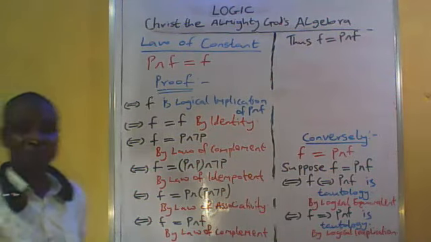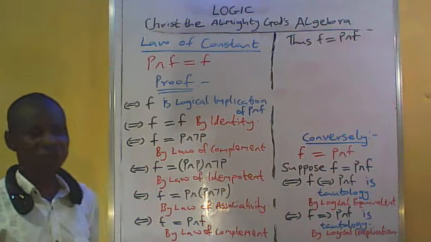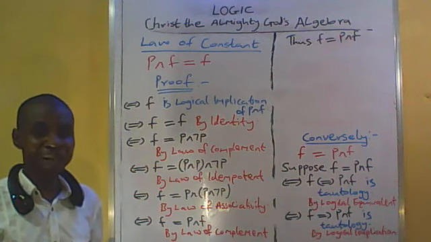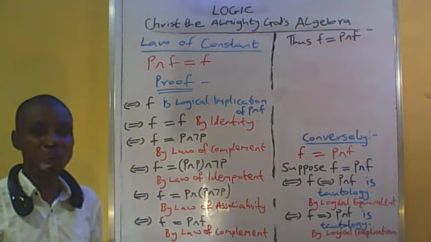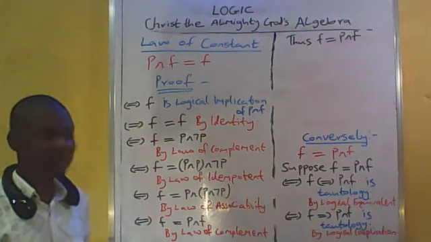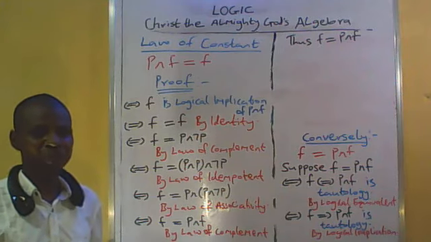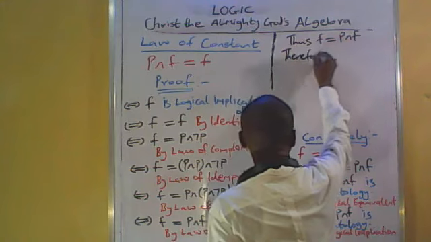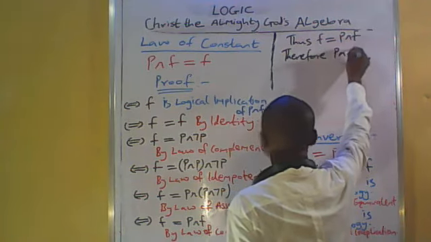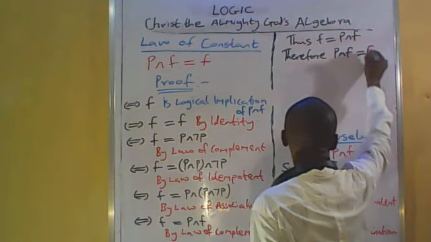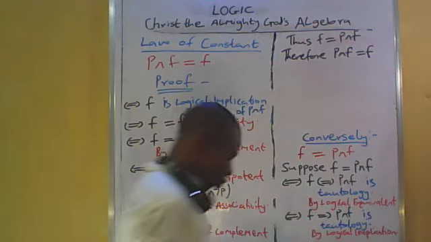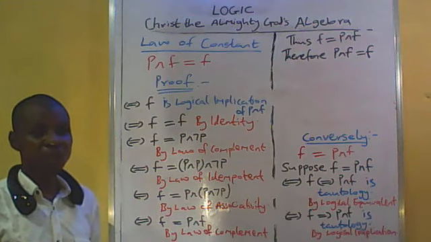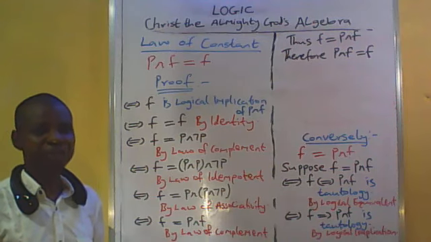Now, since I have proved the converse, by the principle of extensionality, we then establish that p and f is equal to f is the law of constant by conjunctive statement. Therefore, p and f is equal to f.